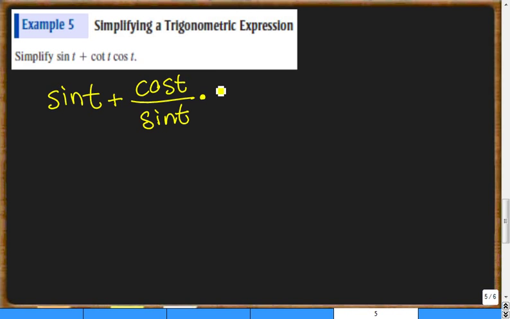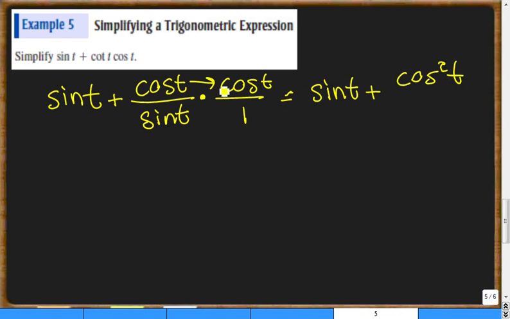And then my cosine is just going to be cosine of t over 1. Well, this equals just the sine of t plus the cosine squared of t, because the cosines will multiply, over the sine of t. Well, this isn't good enough.